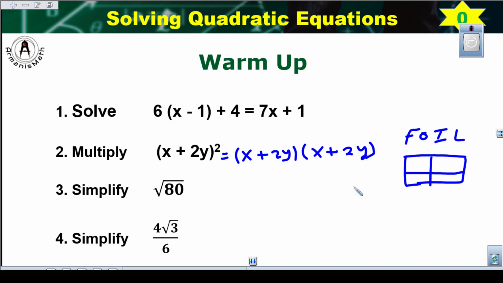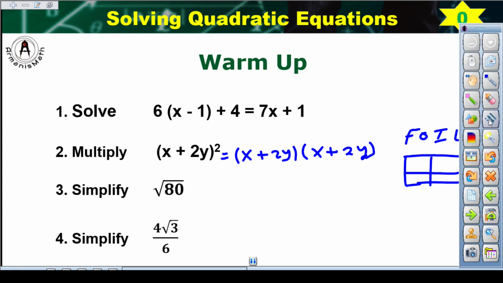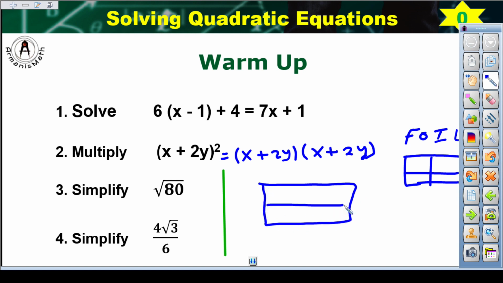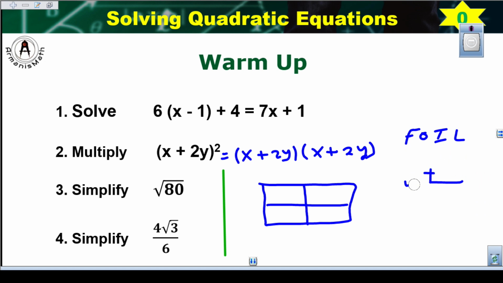And to do the box, I basically need to draw myself a box. And the good thing about the box is it's expandable. So it's not limited to 2 by 2. You could have 4 by 4, 5 by 5. You could have 2 by 6, whatever the need might be.